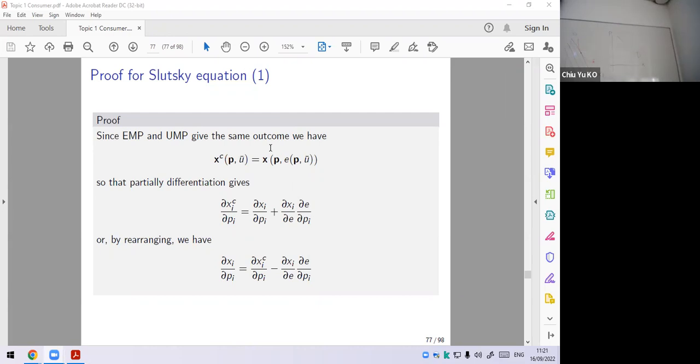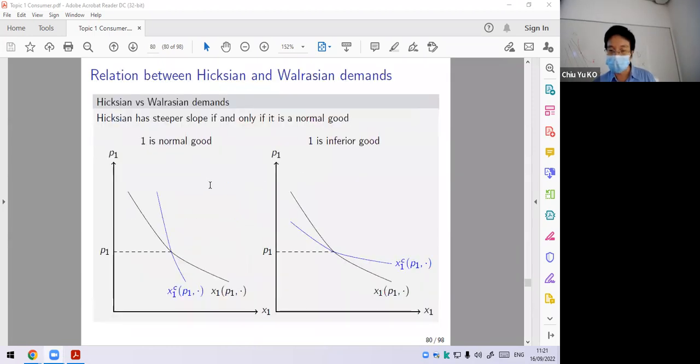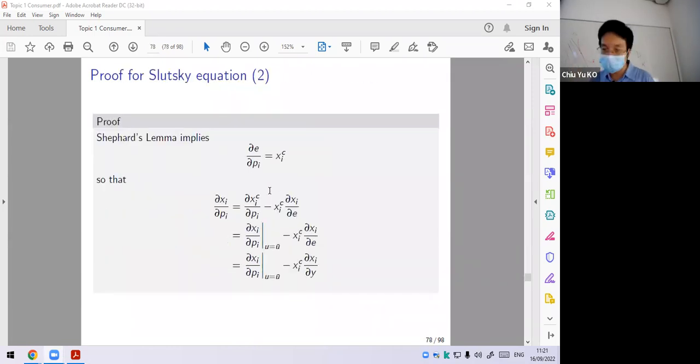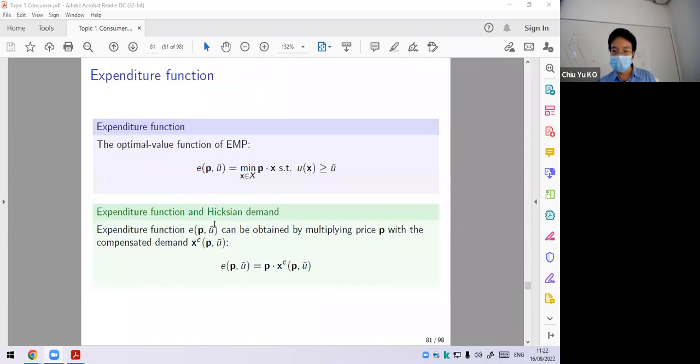Let me talk about expenditure first, otherwise I cannot give the proof. So let's say the proof, and then we try to go back after we are done with the expenditure function. Okay, sorry, I should reverse the order. Okay, let's finish this first.